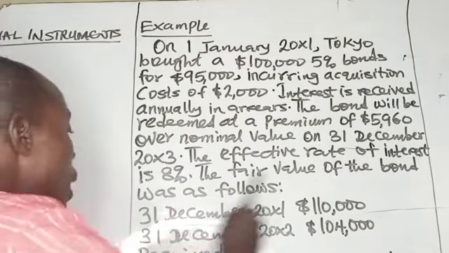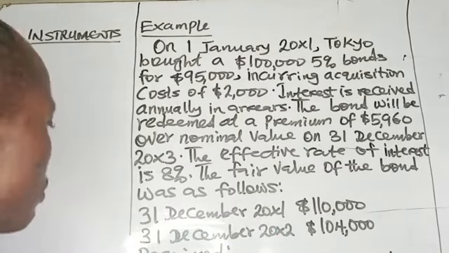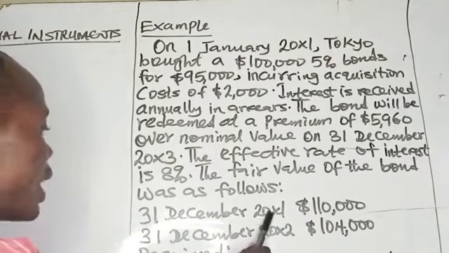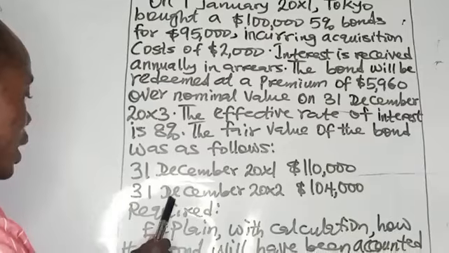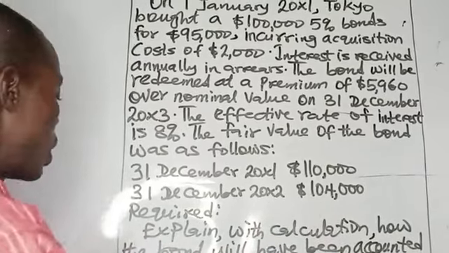The fair value of the bond was as follows: 31st December 20X1, $110,000; 31st December 20X2, $104,000.